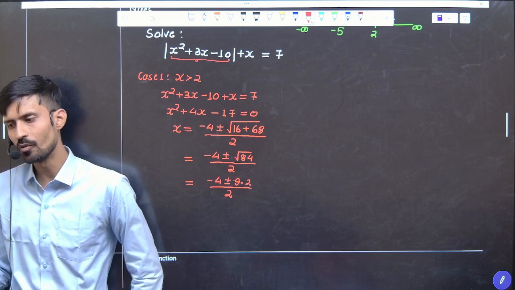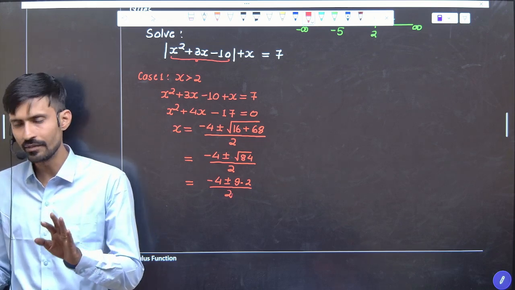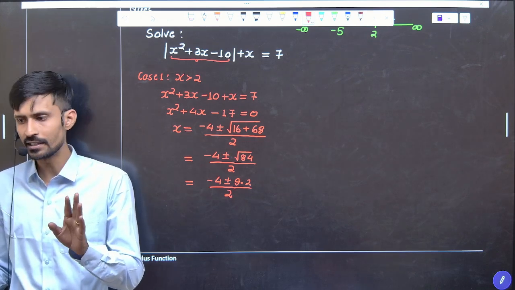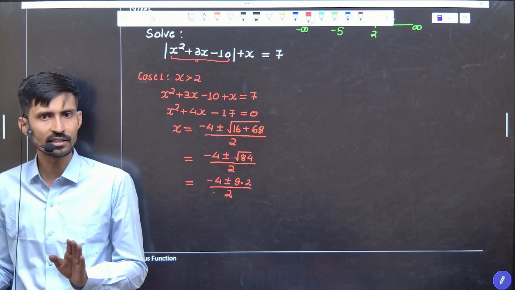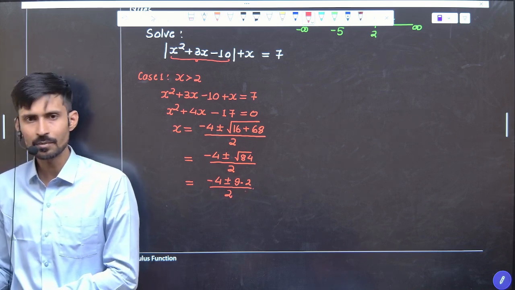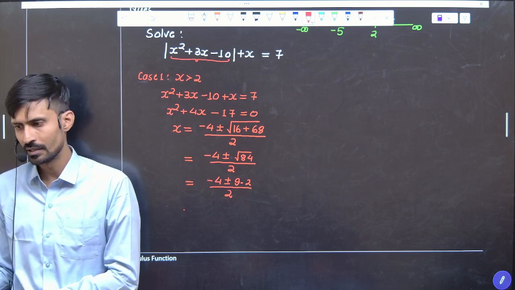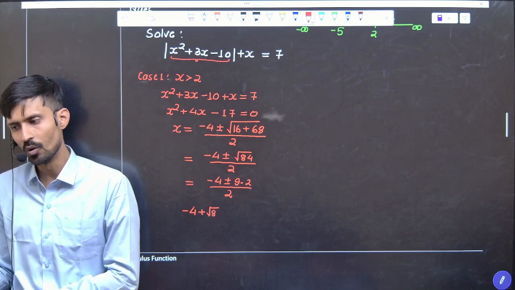Now minus 4 plus 9.2, 5 point something divided by 2, 2 point something. So tell me, 2 point something is greater than 2. Because for the last answer we have to check now whether it is satisfying or not. It means the plus part is going to be the answer. Minus 4 plus root 84 by 2 will satisfy the case.